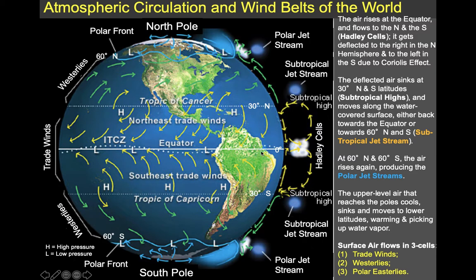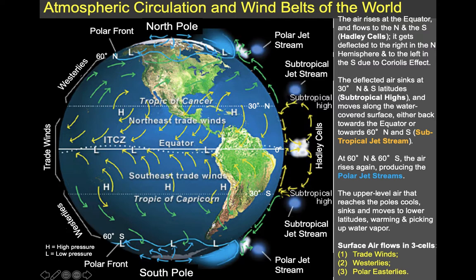We talked about the high solar radiation in the equatorial zone, which heats up the air right over the equatorial zone. So the air rises at the equatorial zone, and as it rises, it starts flowing both to the north and to the south in both hemispheres. And it gets deflected to the right in the northern hemisphere and to the left in the southern hemisphere because of the Coriolis effect.